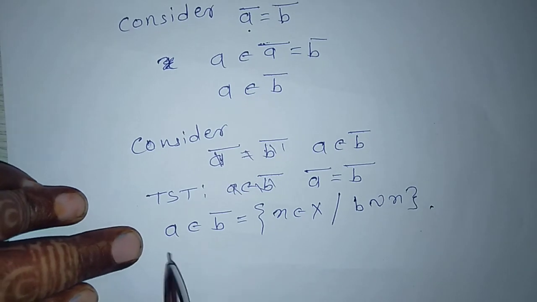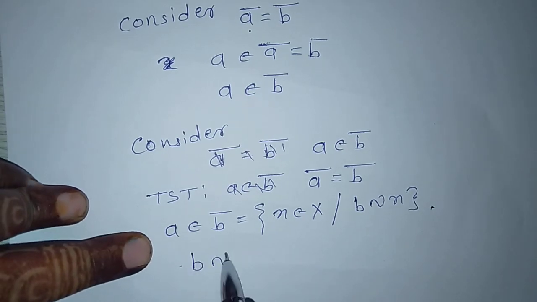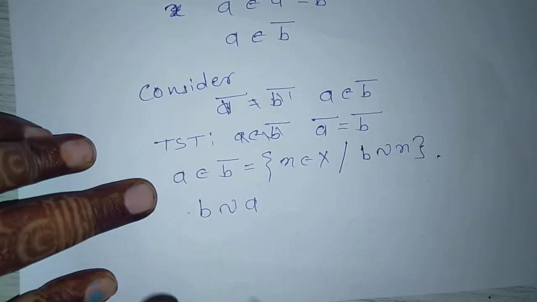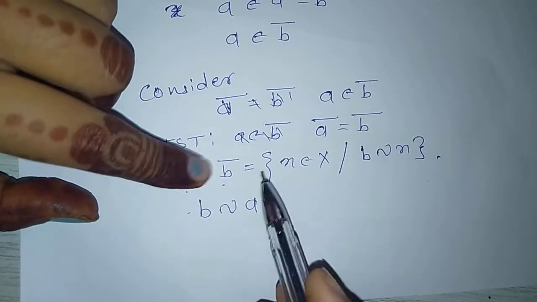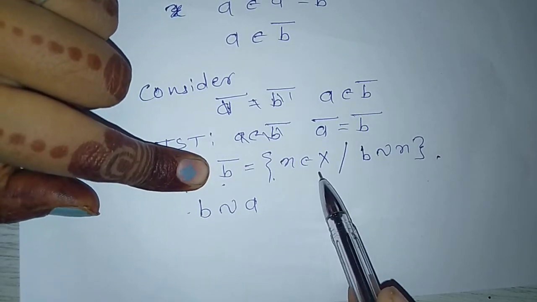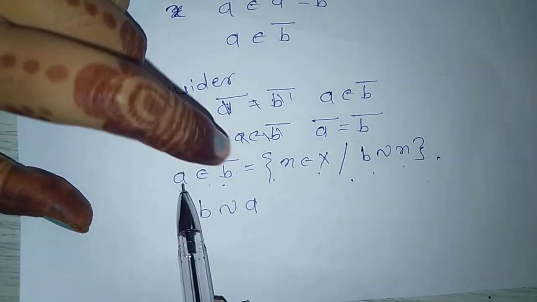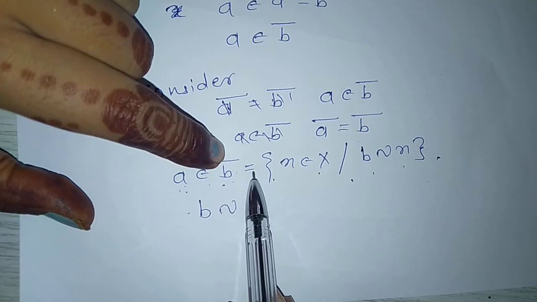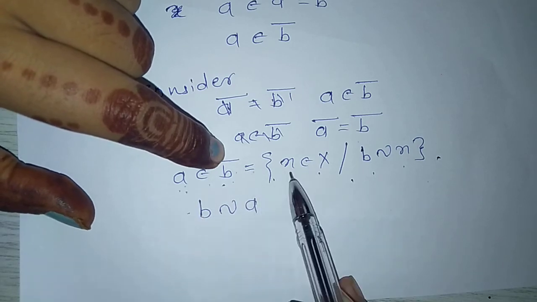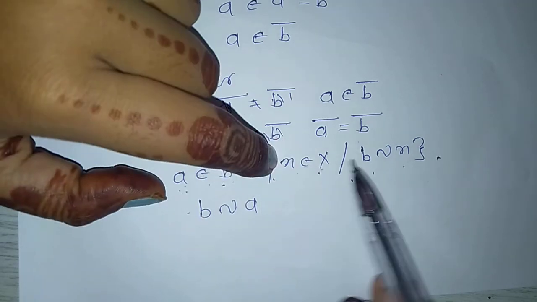A belongs to B bar means B relates to A. Here, A belongs to B bar means A is in the set B bar, which means A belongs to X and B relates to A.